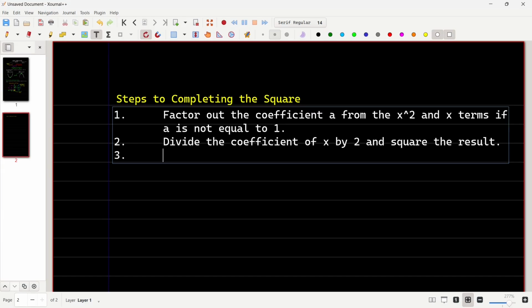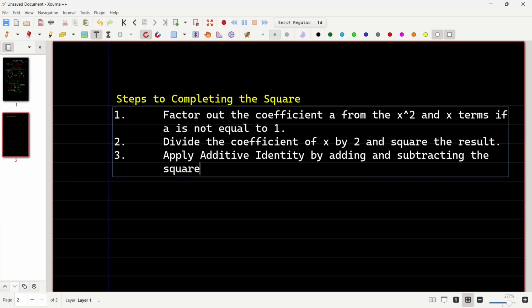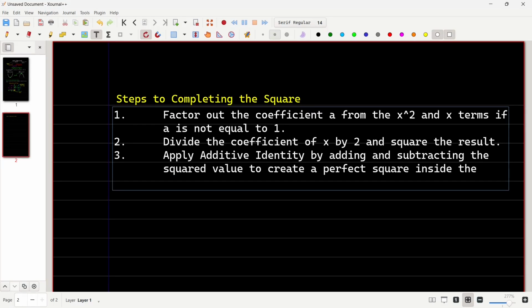Third thing we're going to do is we're going to apply the additive identity by adding and subtracting the squared value to create a perfect square inside the parentheses.